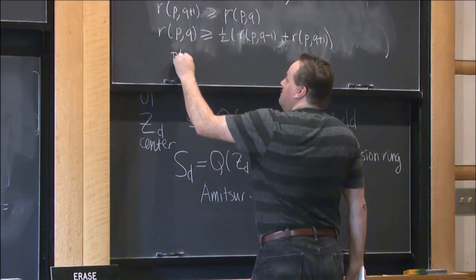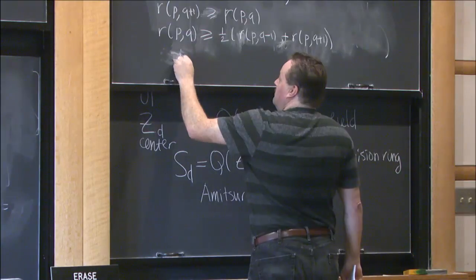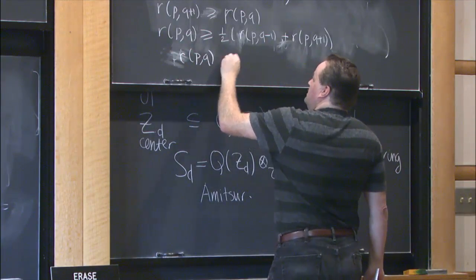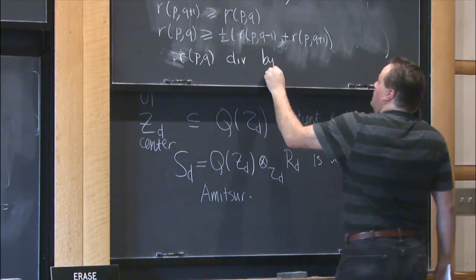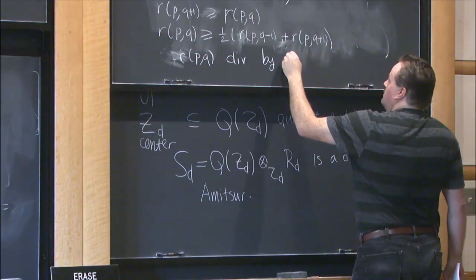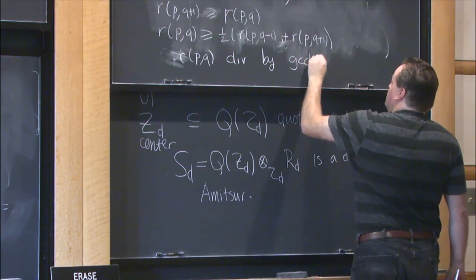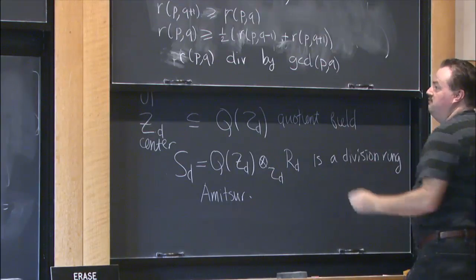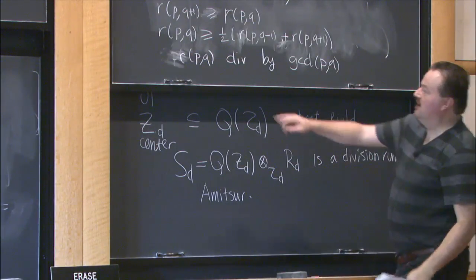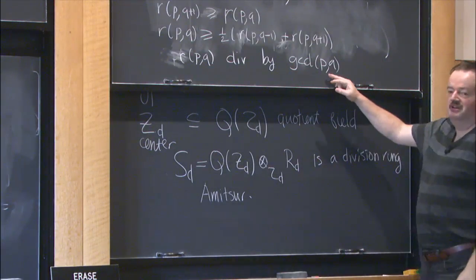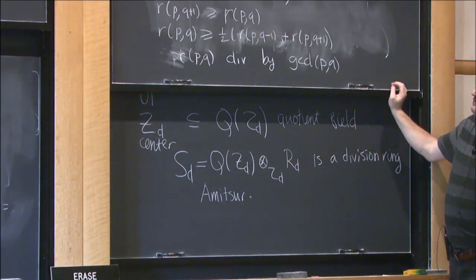And finally, because of this regularity, we have R_PQ is divisible by the greatest common divisor of P and Q. Because if P is Q, we know that R_PP is divisible by P, and this you can easily deduce from that.